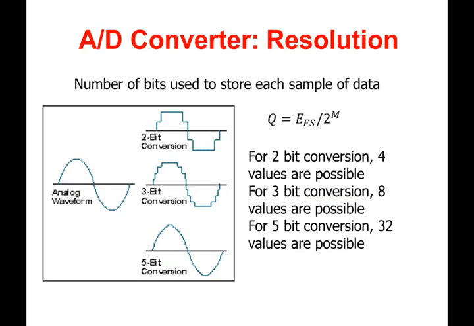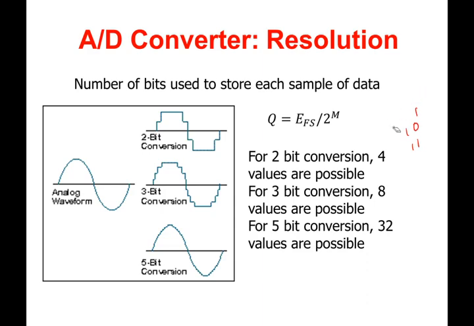The resolution you're going to see, of course, is directly related to the sampling rate, using this equation. But in general, as a rule of thumb, for a 2-bit conversion, you are going to have only 4 values, meaning that a 2-bit conversion is this: 00, 01, 10, and 11.